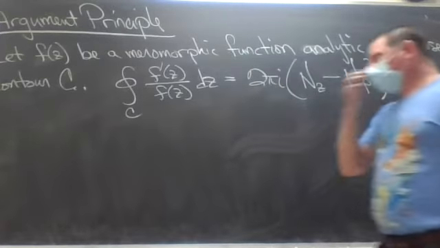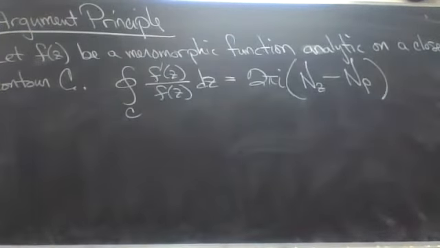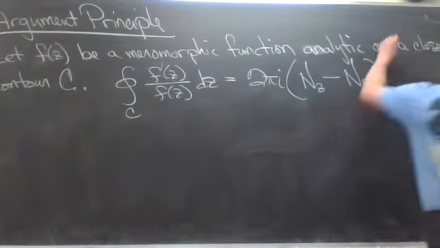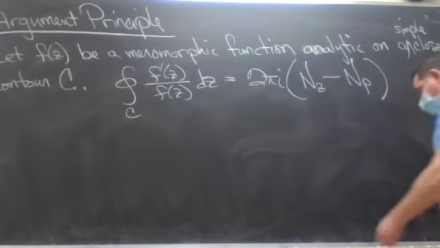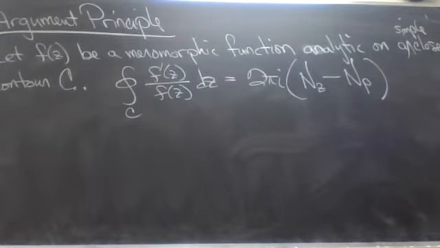Then the loop integral around some closed simple contour, I should say simple, should not intersect itself. It should also be taken in a positive orientation. All right, all these default agreements that we've made.